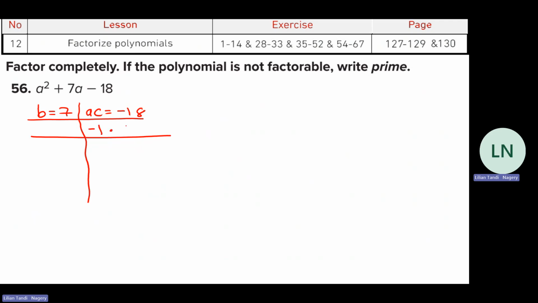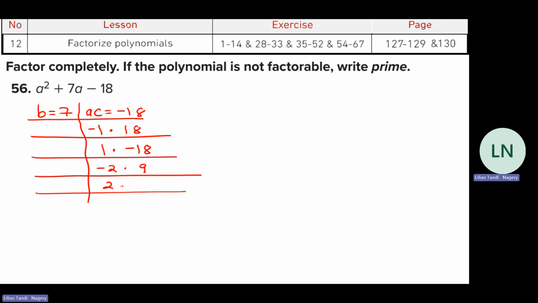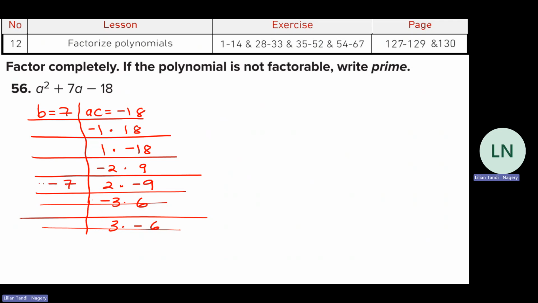So -1, 18. 1 and -18. -2 and 9. 2 and -9. -3 and 6. 3 and -6. This will not give me 7 when I add. This will give me -7 when I add. And this will give me 7 when I add.